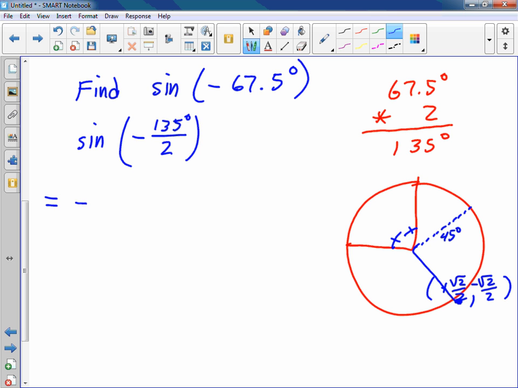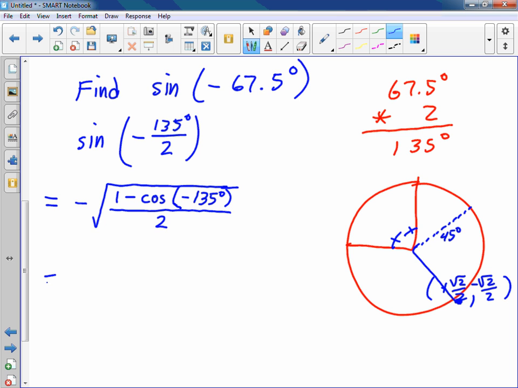the opposite of the square root of 1 minus cosine of negative 135. Notice it's just negative 135, not divided by 2, which makes life easier. And then the whole thing under the radical divided by 2.